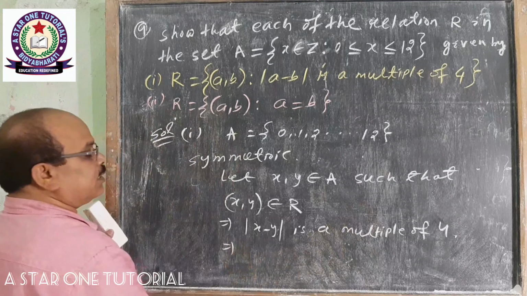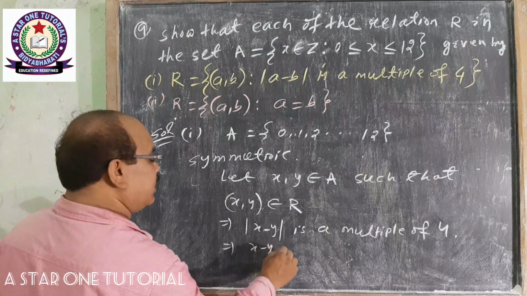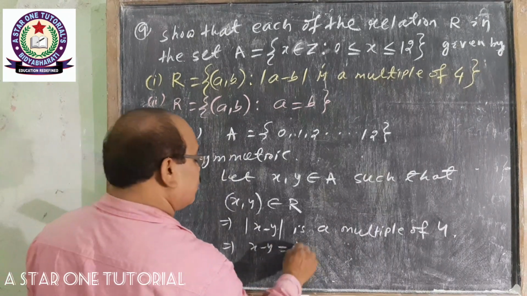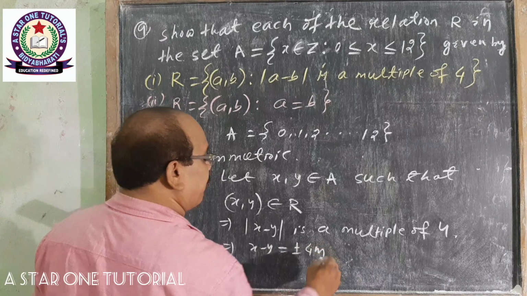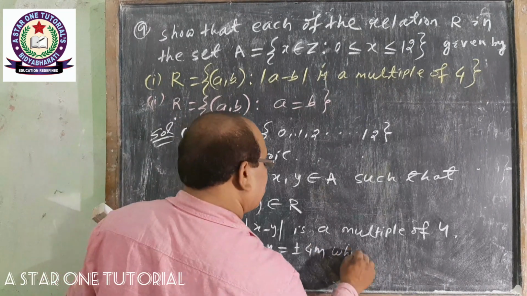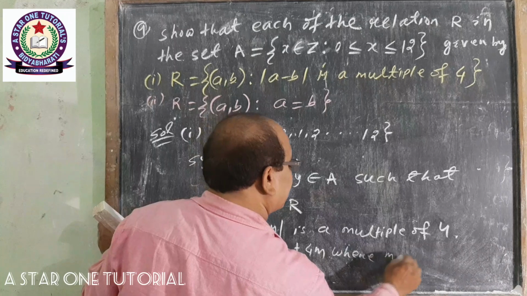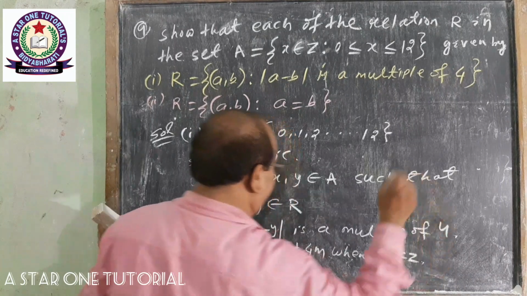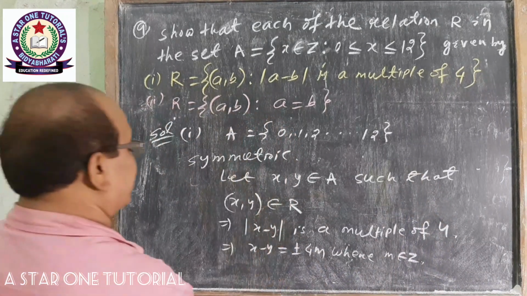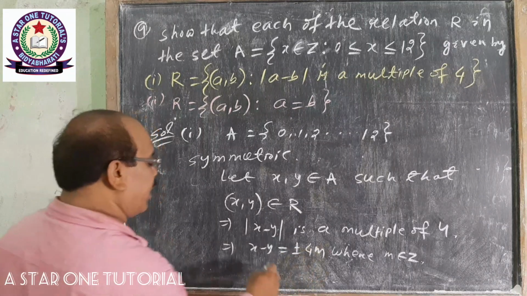That implies x minus y is equal to plus or minus 4m, where m belongs to Z. m is an integer.